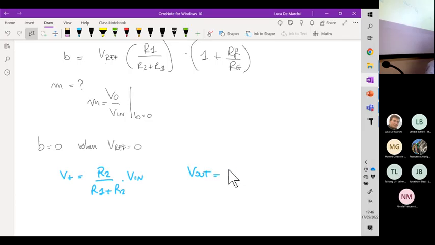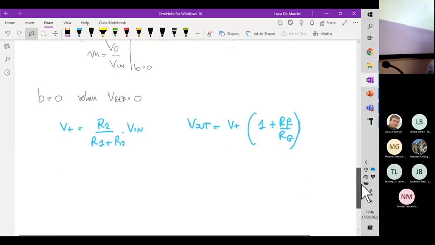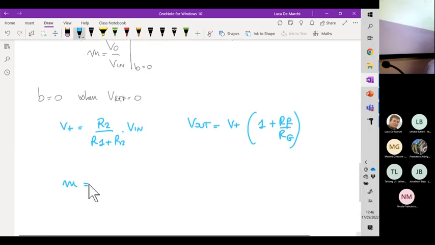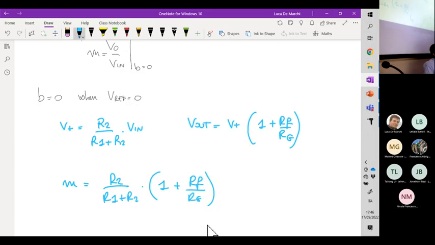So V out is V plus times 1 plus RF over RG. And therefore, M is given by R2 over R1 plus R2 times 1 plus RF over RG. So you set M, then once you have set M, you can set B by controlling Vref.